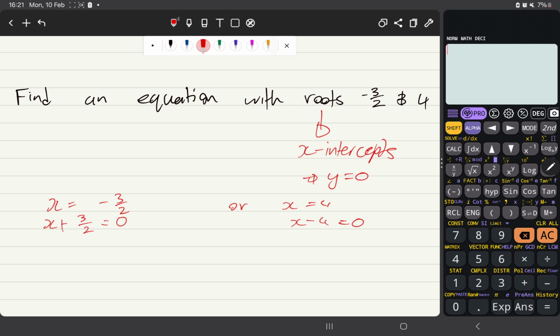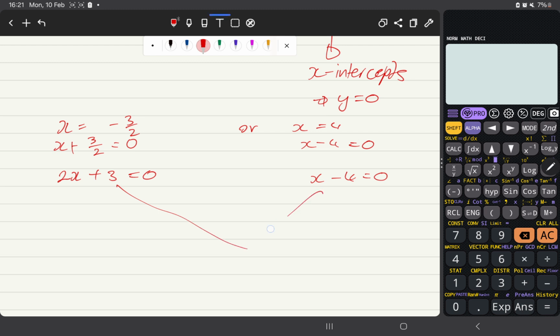This is something that you had, right? In this case you can multiply by 2 both sides. You have 2x plus 3 equals to 0. You still have x minus 4 equals to 0.